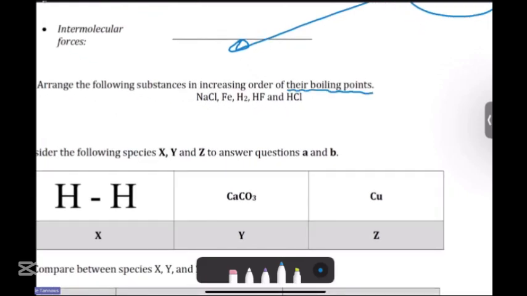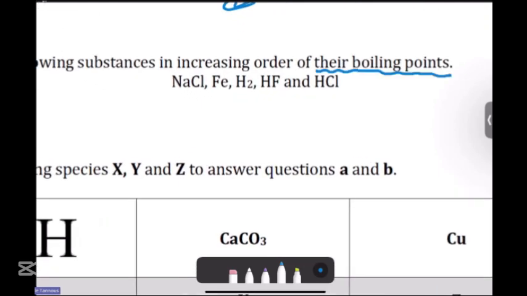So arrange in the order of their boiling point. You have to keep in mind that the fewer intermolecular forces it has, the lower the boiling point. So let's first look at the intermolecular forces. London dispersion forces, London dispersion forces, London. Okay, this is not going to fit. So this one, LDF, this is an ionic compound.